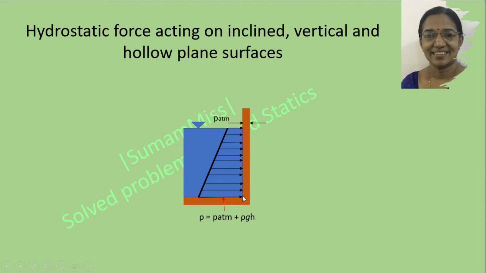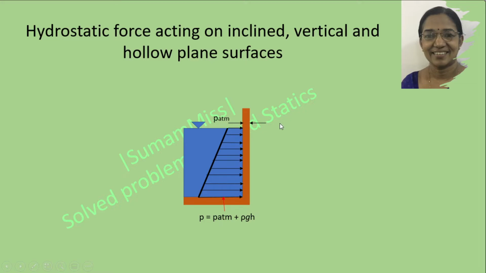When the surface is plane, the forces due to fluid pressure acting on a small element of this plane will be parallel and normal to the surface. So the resultant hydrostatic force can be calculated by summing up all these forces.